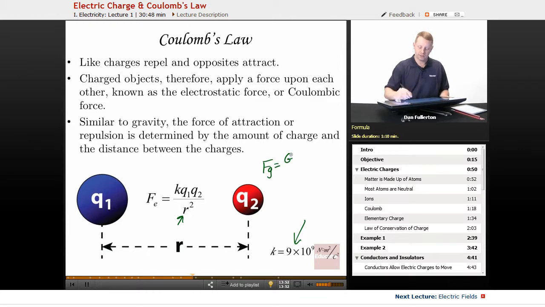Universal gravitational constant times the first mass times the second mass divided by the square of the distance between them. Other than the K and G, a different fudge factor to make the units work out right, you have the same form. They work in a very similar manner. The other big difference between gravity and the Coulombic force, however, is that the Coulombic force can repel, whereas gravity only ever attracts.